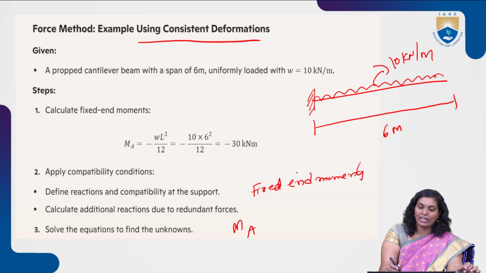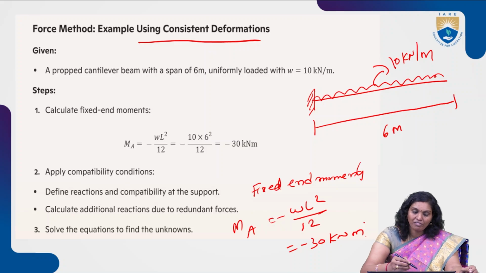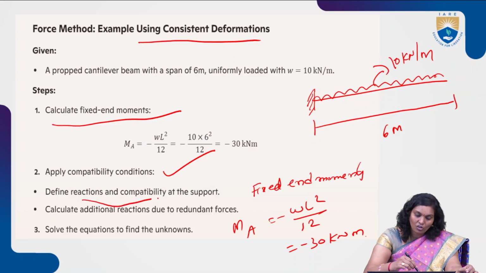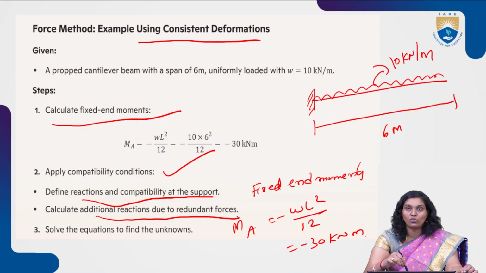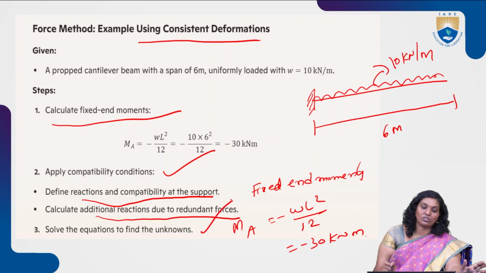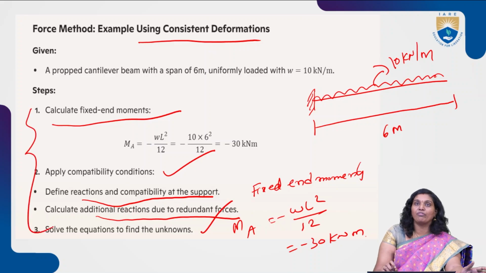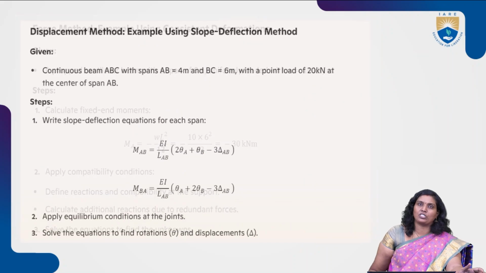The fixed end moment at A is equal to minus wL squared by 12, that gives minus 30 kilonewton meter. So like this, first step we find the fixed end moments, apply the compatibility equations, define the reactions and compatibility at the support, calculate the additional reactions due to the redundant forces, and solve the equations to find out the unknowns. This is the general procedure which we follow for consistent deformation.